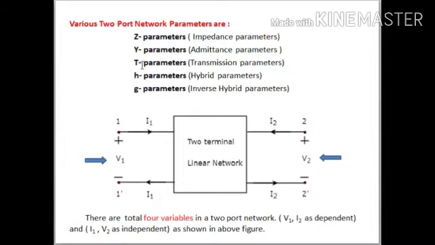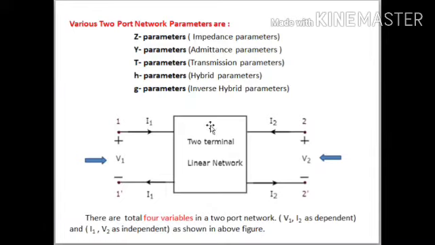Next are the T parameters, related to transmission. Next are the H parameters, also called hybrid parameters, and we have to learn details about these parameters throughout this unit. And next are the G parameters, which are the inverse of the hybrid parameters.